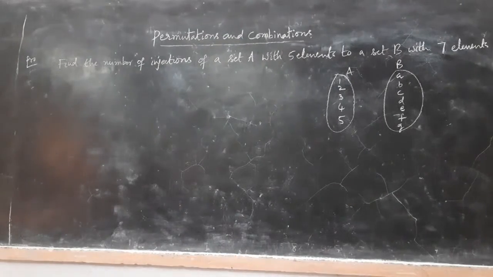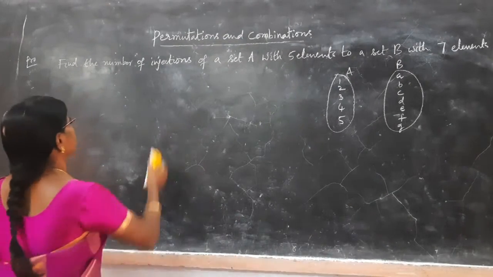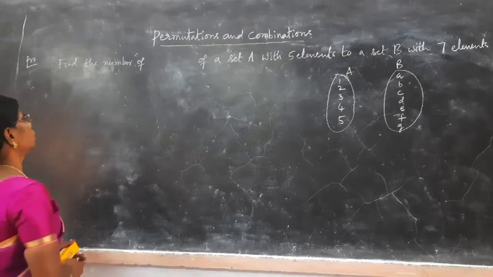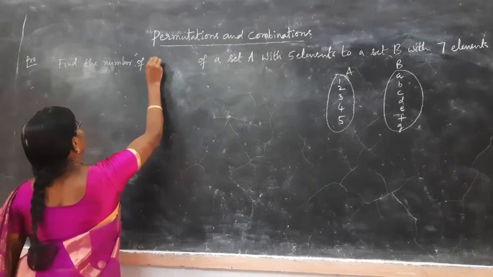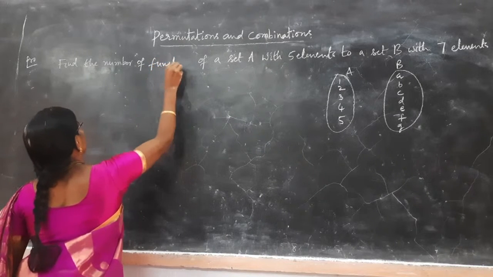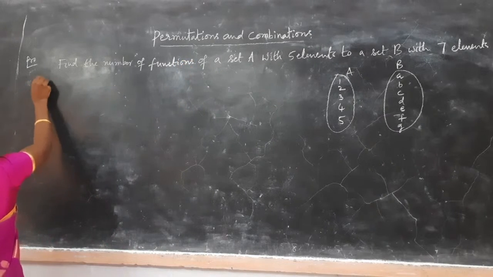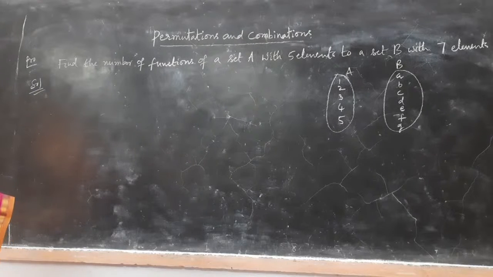See here, students, here is one concept for you about functions, the number of functions. You are aware of functions, injection, surjection, bijection; all these things you learnt in the first year in the chapter on functions.